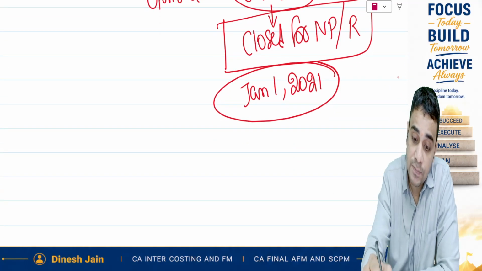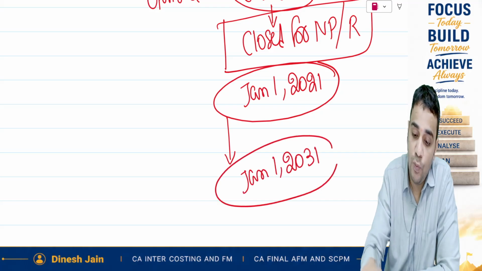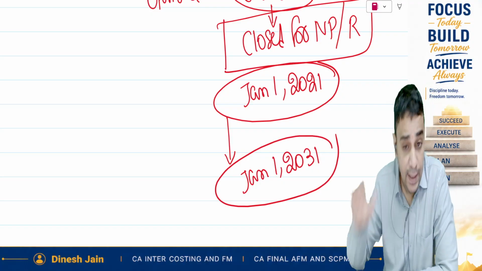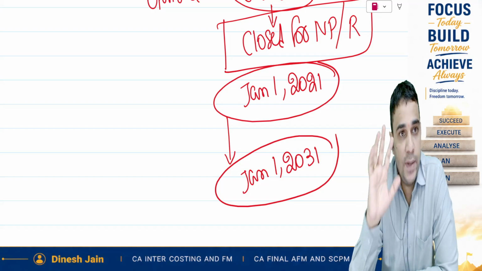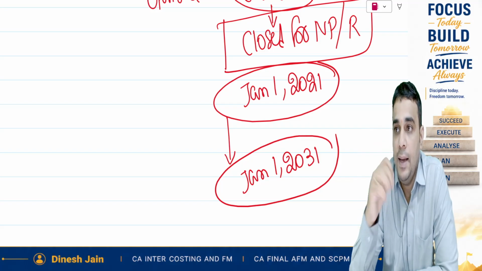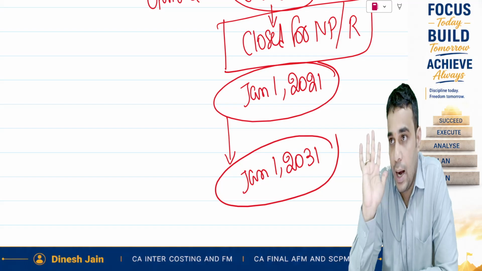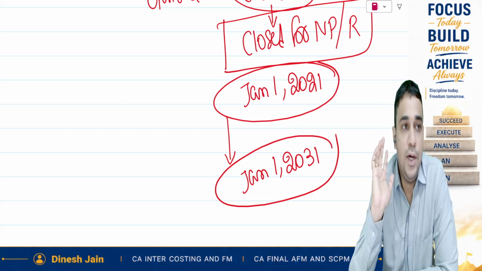After this, this will close on Jan 1, 2031. In between, if you need the money, you cannot get the money. You invested in the mutual fund and suddenly you say, return my money. The MF says, nothing doing. You can't come back to me saying that you need money.